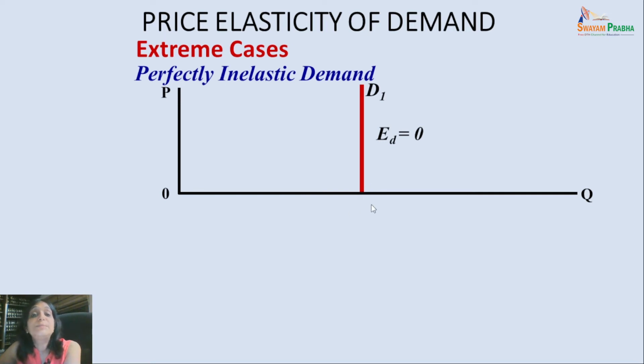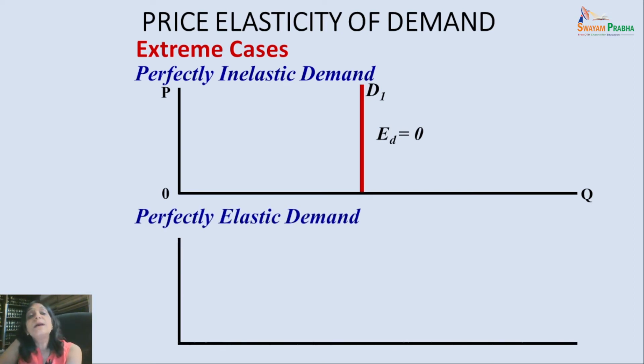That is, the demand is not at all responding to the change in price. Price increases, price decreases, but my demand remains the same. It does not fall, it does not rise, it remains the same. That is called perfectly inelastic demand. And in that case, our elasticity of demand will become equal to 0.